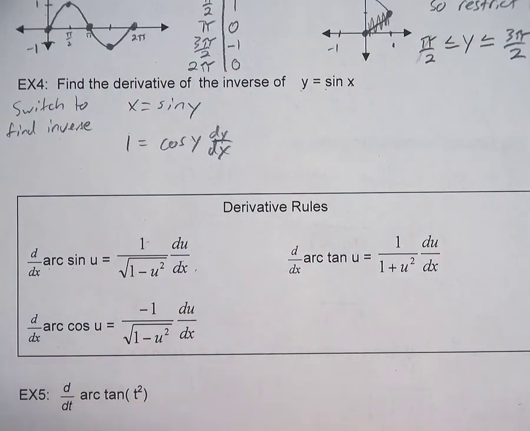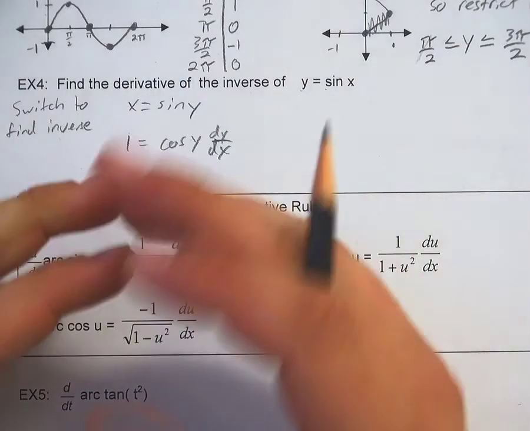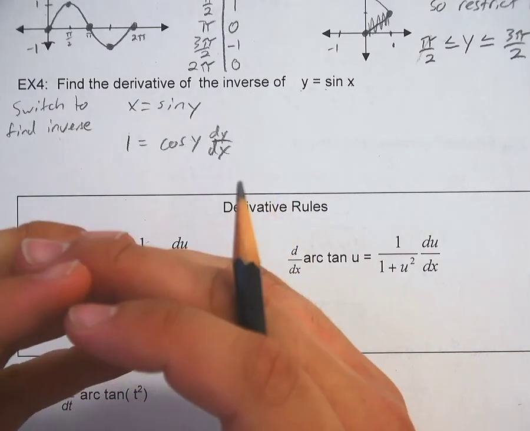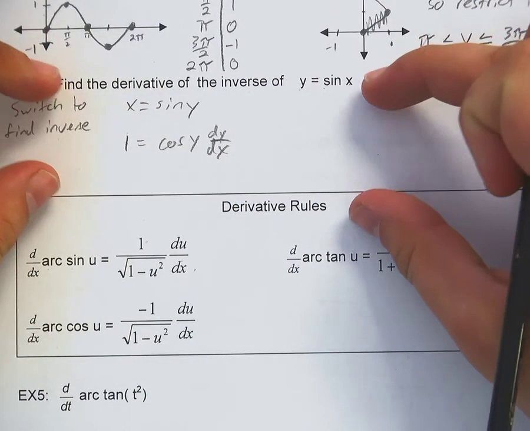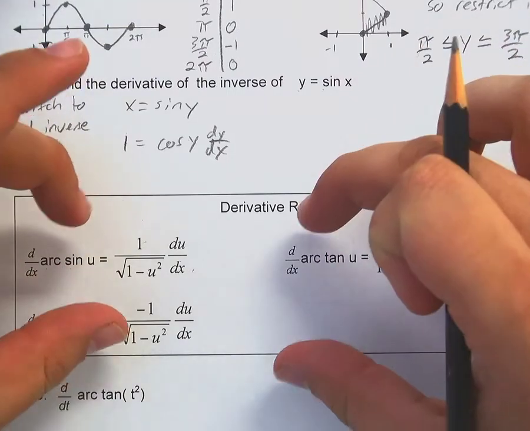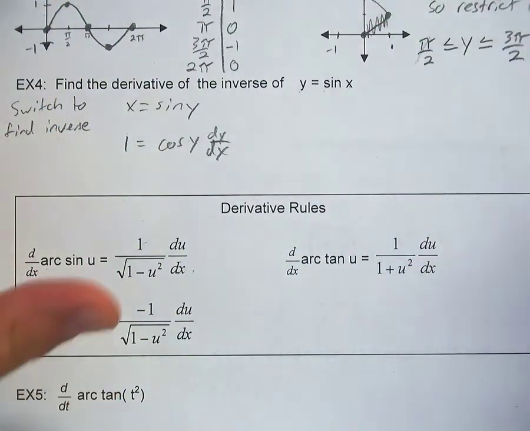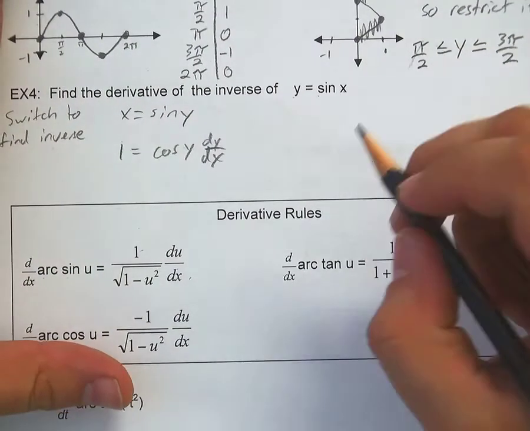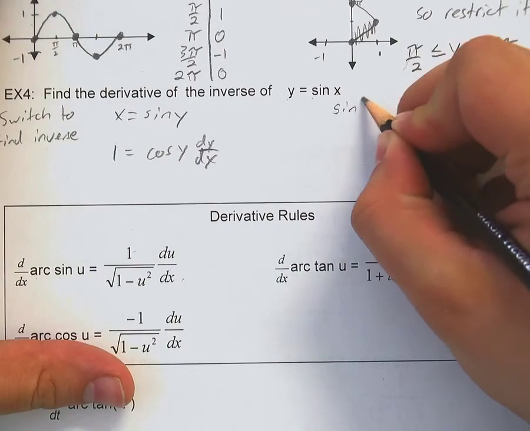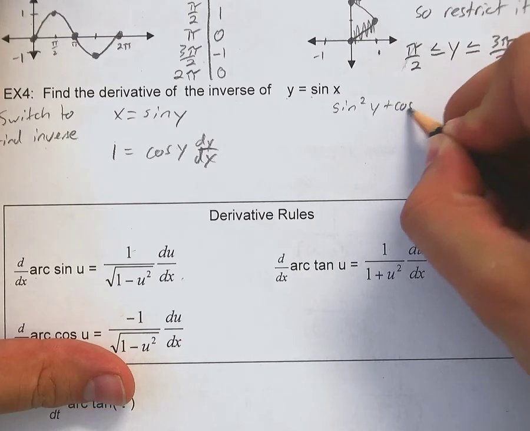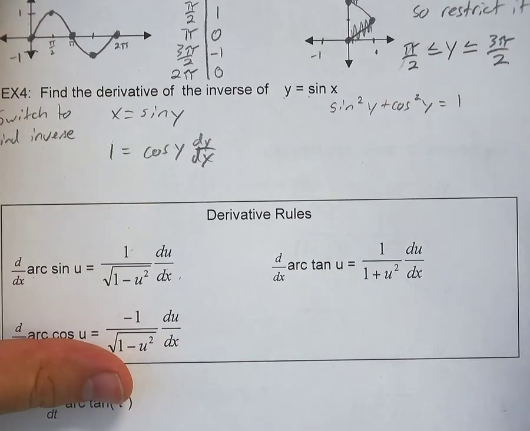In order to come up with this, we have to go back to a principle we learned in pre-cal. Now, keep in mind, all I'm explaining right here is how we came up with the derivative rules. This is just how we came up with them, not how we use them. How we use them is so much simpler. But I want to do this really quickly. If you remember, sine squared y plus cosine squared y is 1.